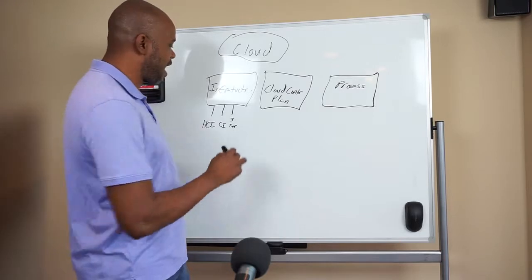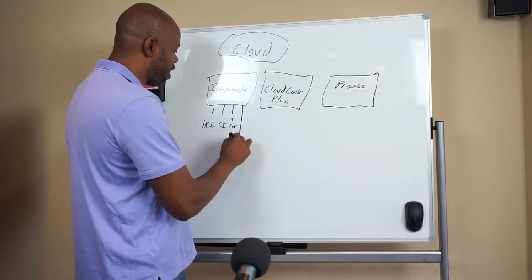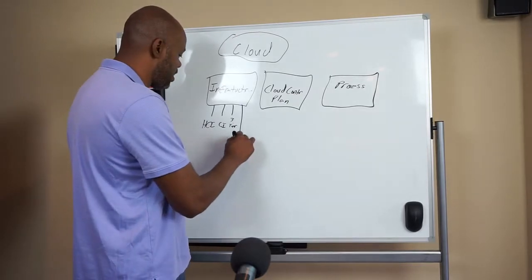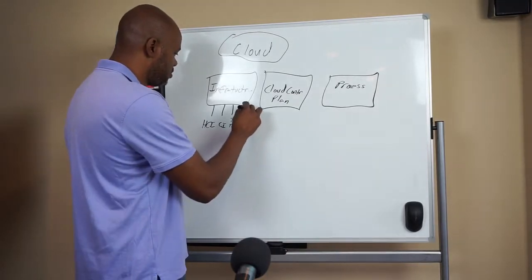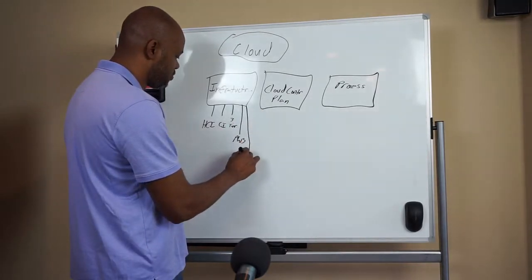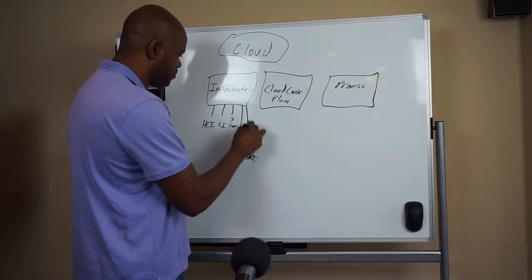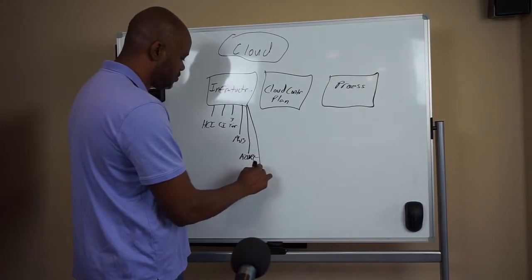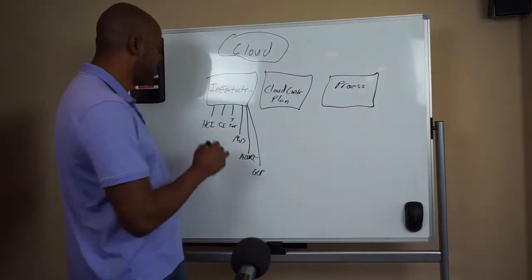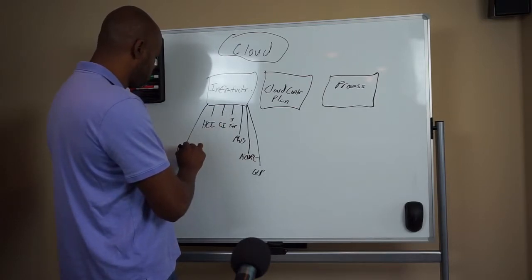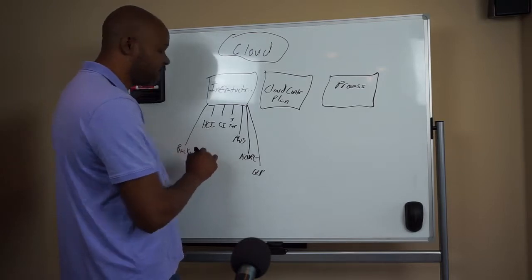But we also have the option of outsourcing this or abstracting that away, and this can be abstracted away to AWS, Azure, Google Compute, or we can have some type of middle layer such as Rackspace who takes care of this for us.